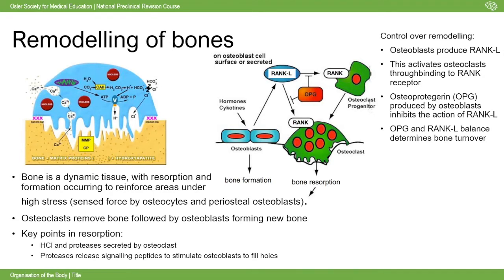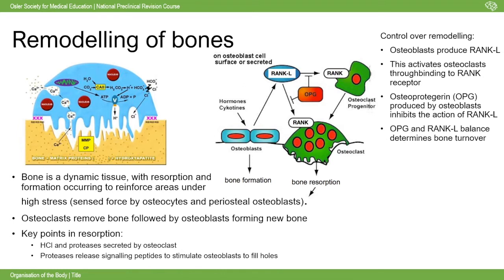They produce RANKL, which diffuses across to our green osteoclast progenitor and acts on its RANK receptor. This causes the differentiation of the osteoclast progenitor into a fully functioning osteoclast, which is going to go off and resorb bone through, like we said, secretion of acid and proteases. So you want to make sure there's not an excess of that occurring.